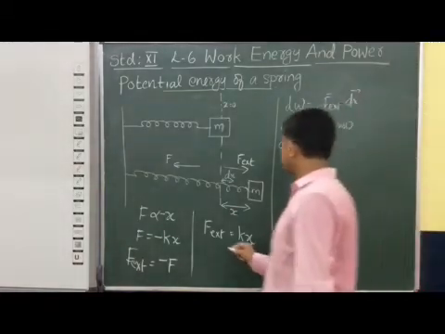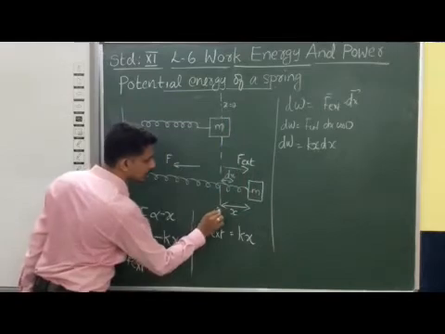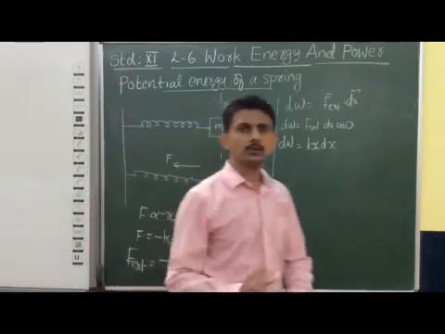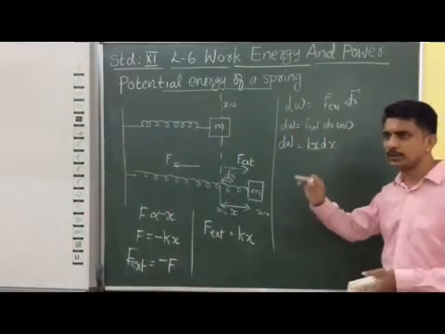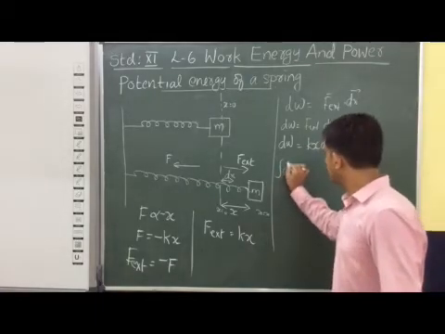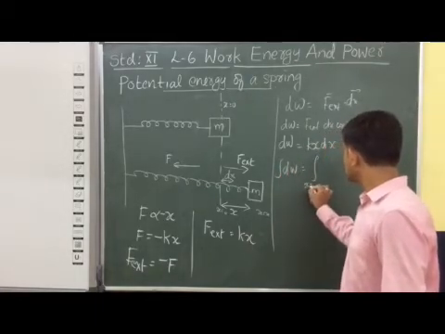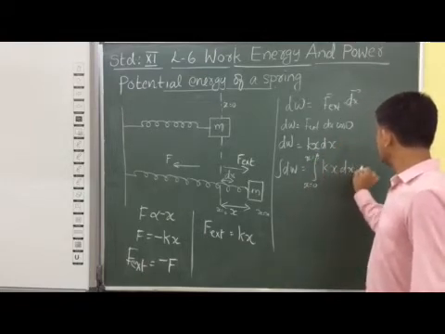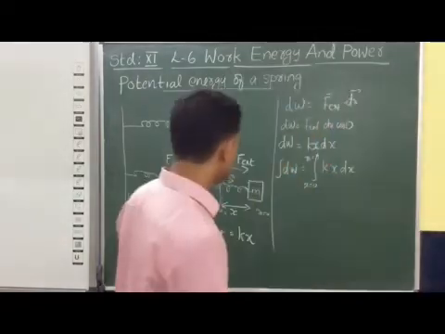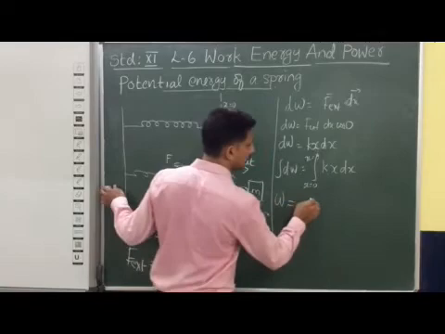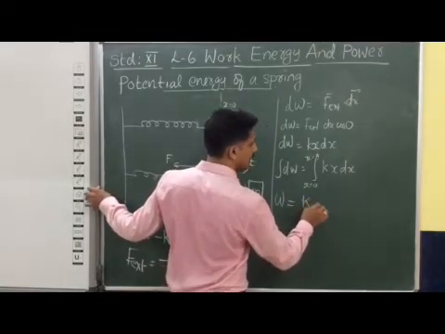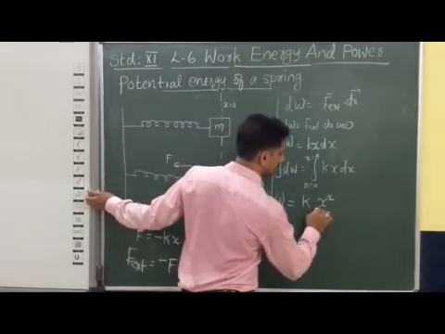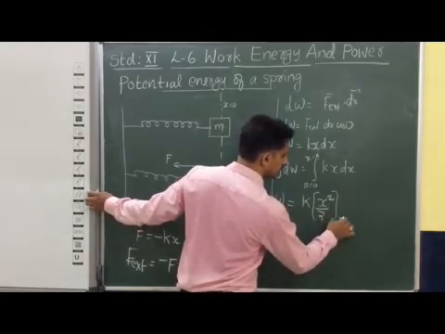Our spring is moving from position x = 0 to x = x. In order to calculate the total work done, we have to integrate this equation from 0 to x. So the integral of dW is equal to the integral from x = 0 to x = x of kx dx. Since k is constant, we take it outside: W = k times the integral of x dx, which is x square by 2, ranging from 0 to x.